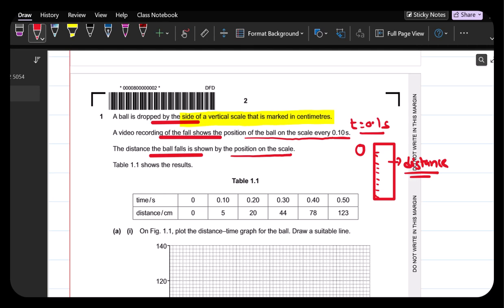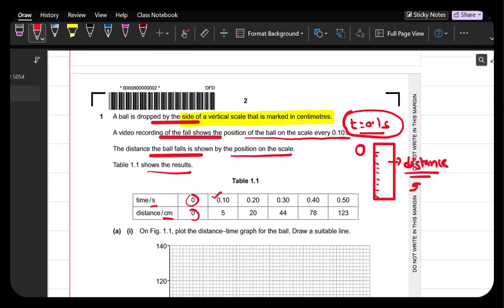You can see the meter rule or scale, vertical scale, it is measuring distance for every time of 0.1 second. A table is given. The table shows the result that for 0 second, distance is 0 centimeter, time is in second.